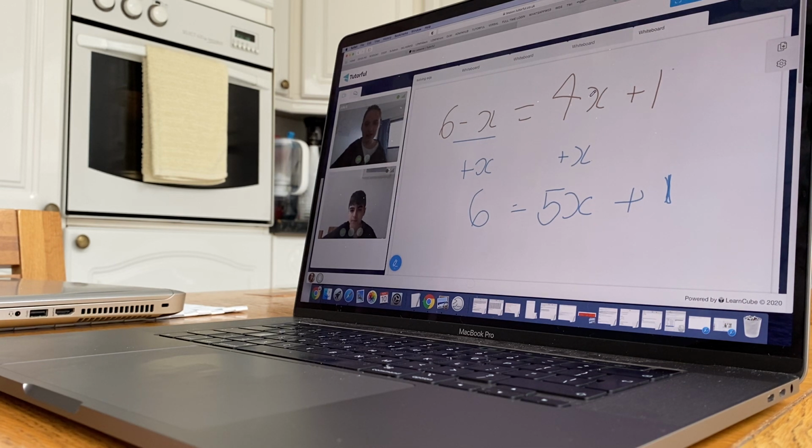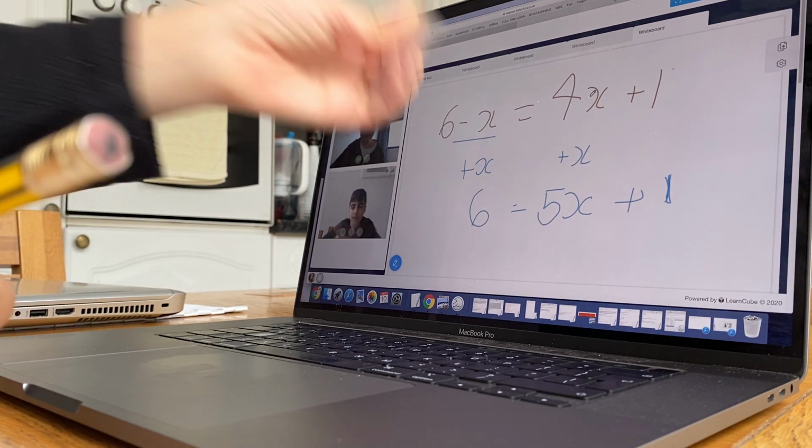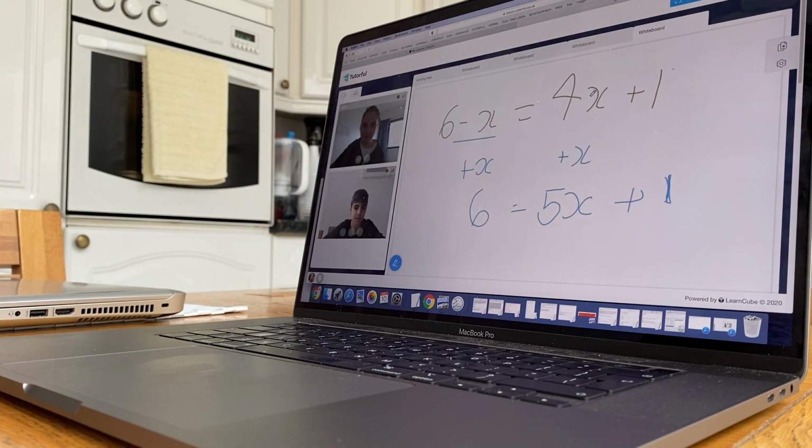What do we need to do now? Remember we're trying to get rid of everything on the x. If we have +1, we subtract. So we're going to take away 1 on both sides.